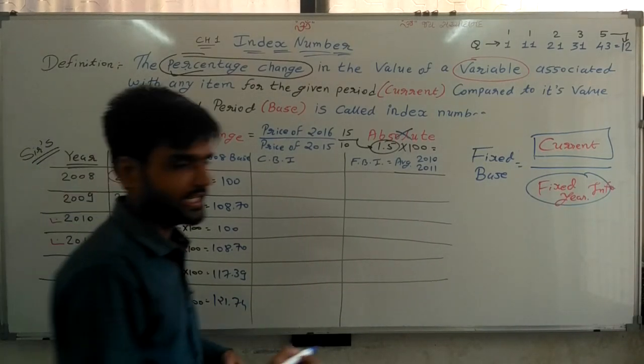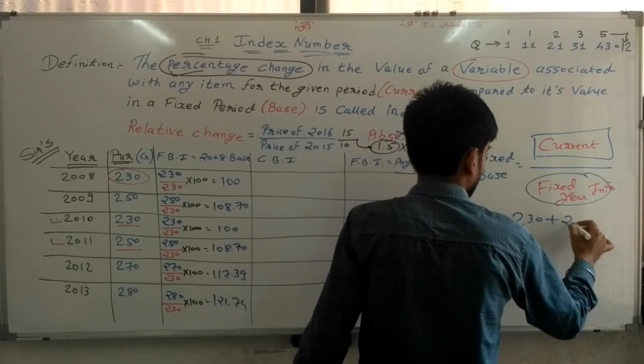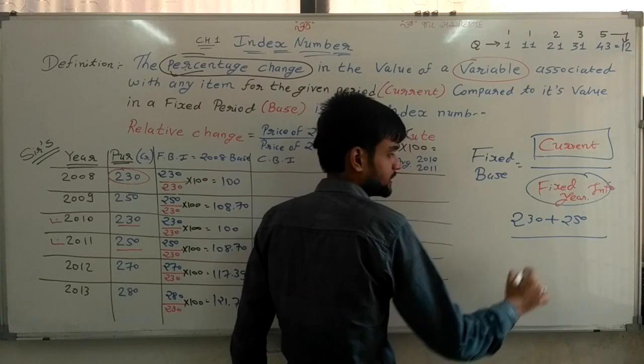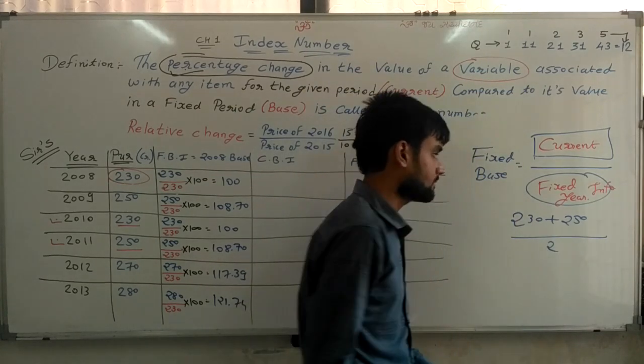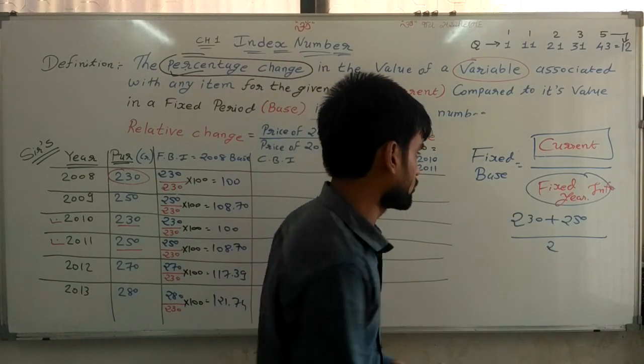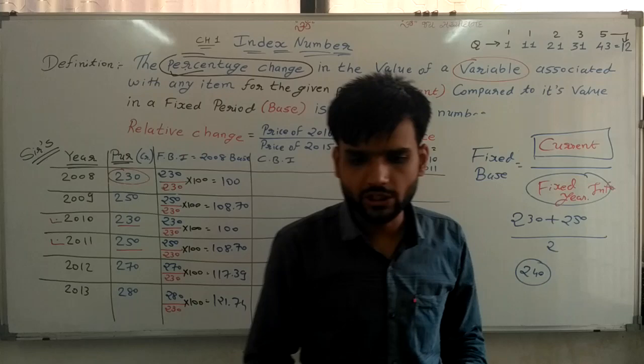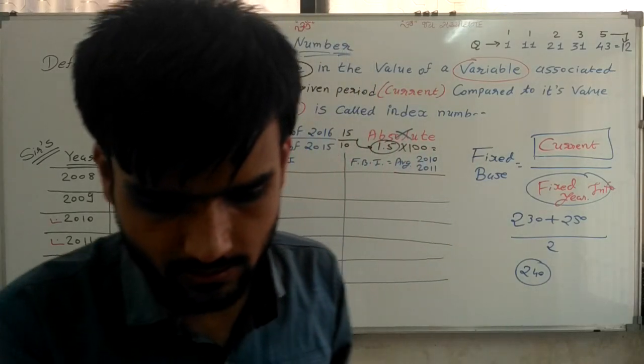So first of all, finding average, 230 plus 250 divide by 2. Making total of these two and dividing by 2, you will get 240 rupees.